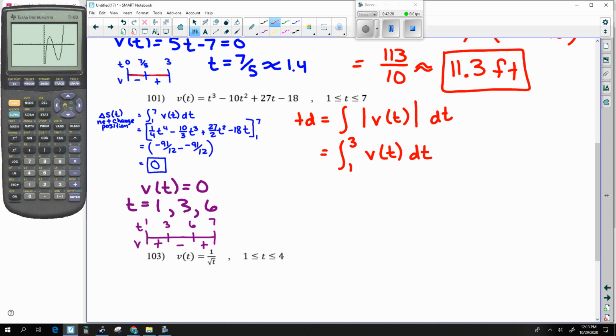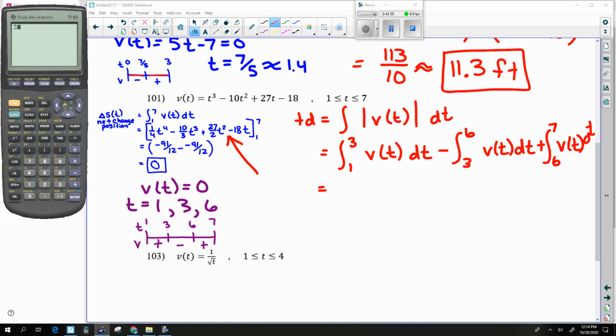However, it's a negative distance from 3 to 6, so I'm going to subtract that, turning this distance ultimately positive. And then lastly, I need to cover the time span from 6 to 7, which again is positive, so that's all good. So the integral of velocity is given right there.